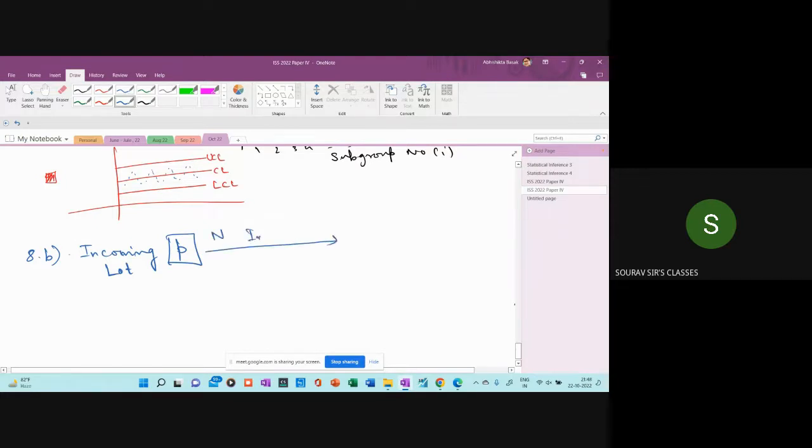Now we can do the inspection, and what kind of inspection can we do? One is complete inspection, that is 100%, which is not at all recommended.